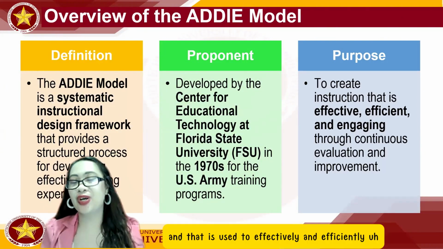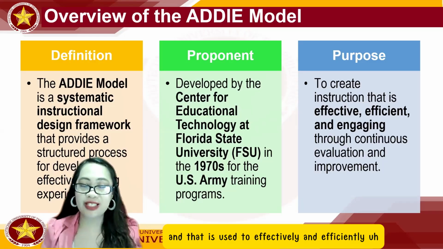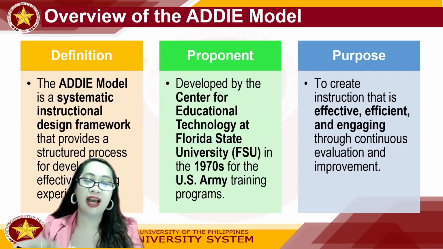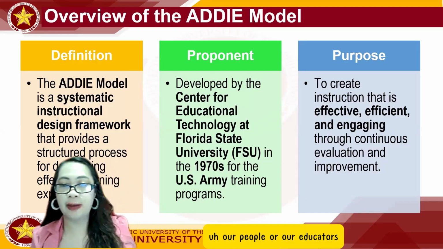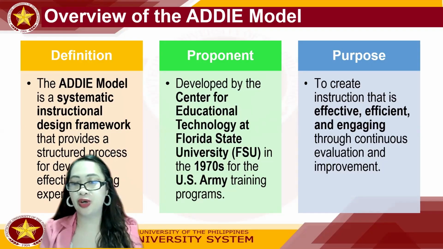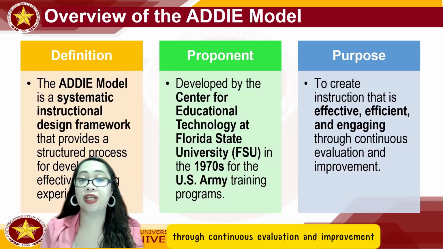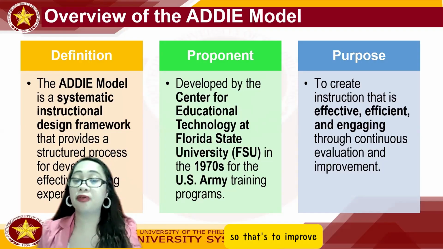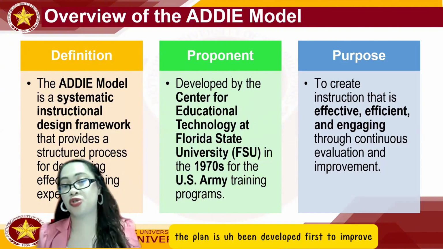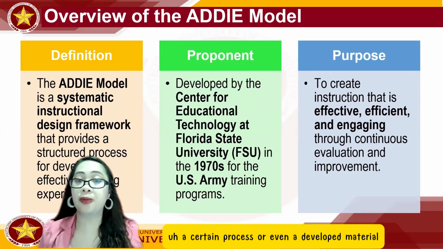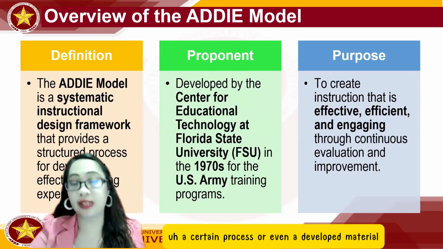And that is used to effectively and efficiently engage our people or our educators through continuous evaluation and improvement. So that's to improve. The plan is developed first to improve a certain process or even a developed material.